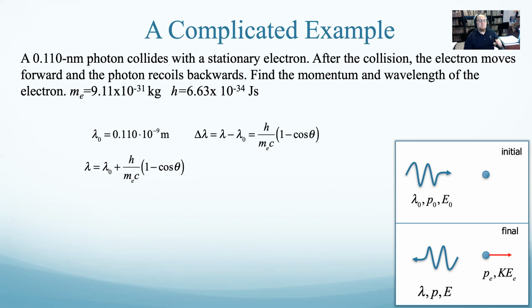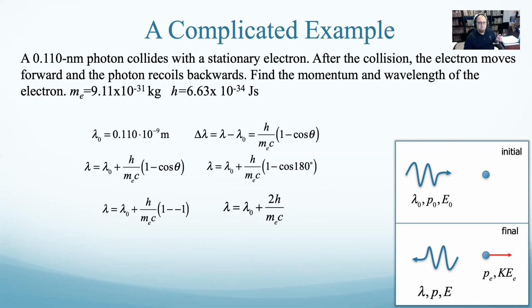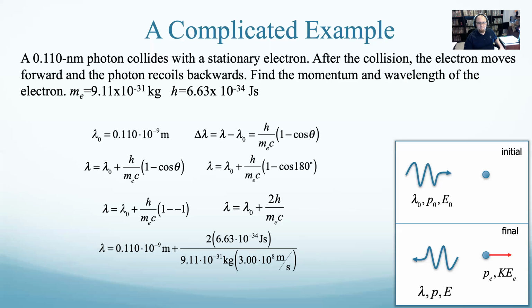If it completely recoils backwards, 180 degrees off, my angle is 180 degrees, where the cosine of 180 is negative 1. So 1 minus negative 1 is 2. I can plug in some numbers, and if this comes in at 0.110 nanometers, it's going to come back at 0.115 nanometers.